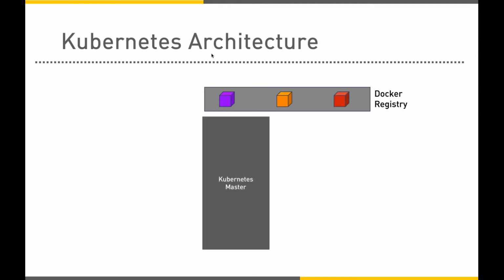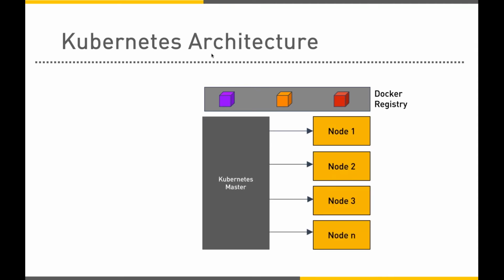Then, of course, there is a Kubernetes Master, and then it can talk to a set of nodes. And this Kubernetes Master exposes an API, like any other distributed computing environment. And this API is going to be consumed by the UI, which is actually available through the dashboard interface.